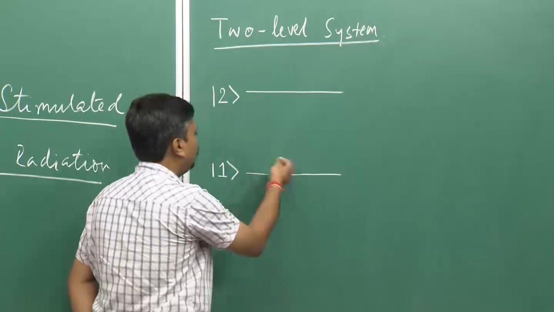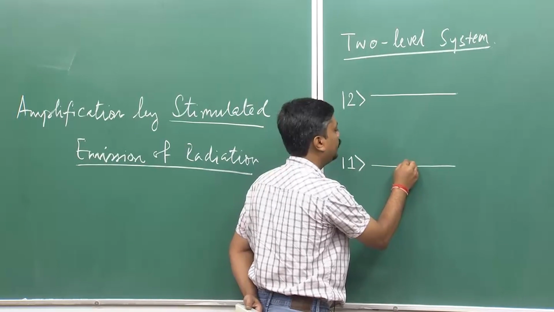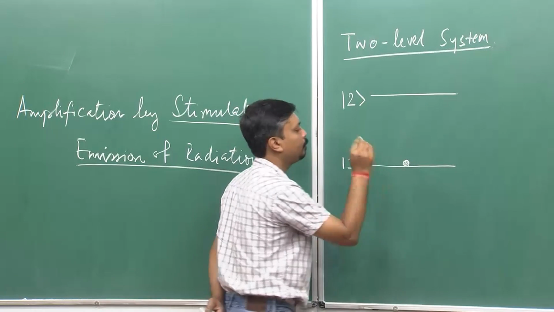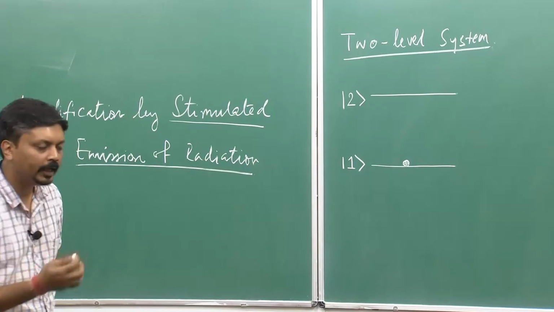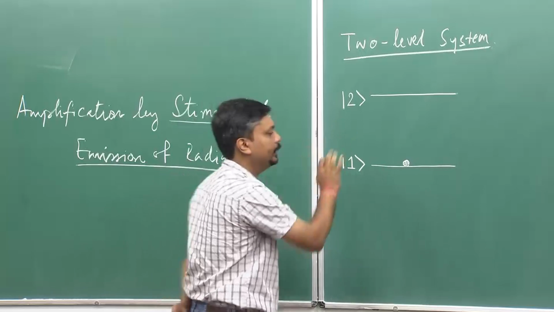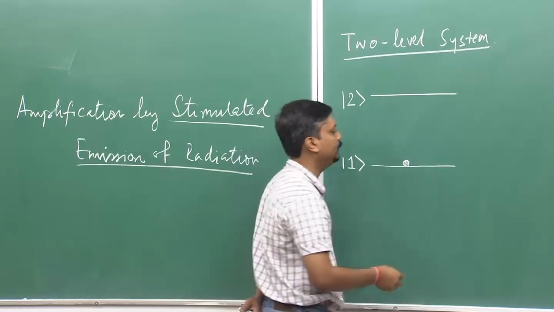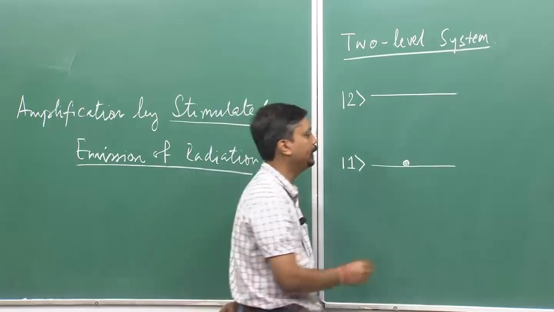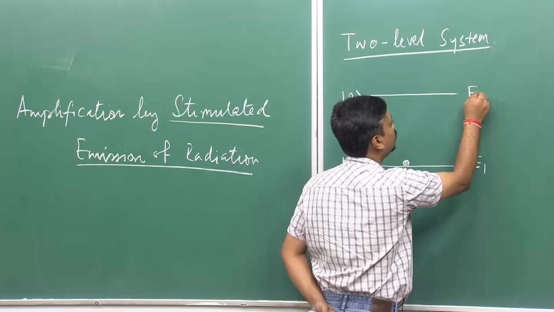The electrons in an atom can reside in the ground state. Now, what happens when we shine light into this system consisting of two states? One more thing I need to specify here is that the energies of the two states are given by E1 and E2.